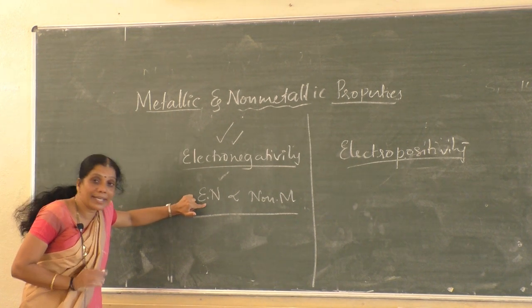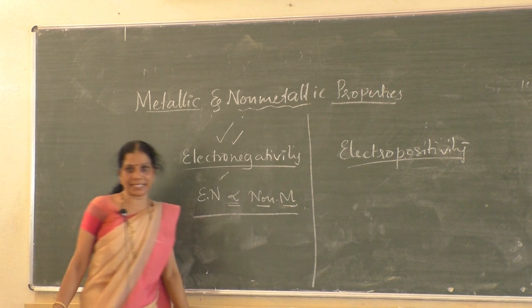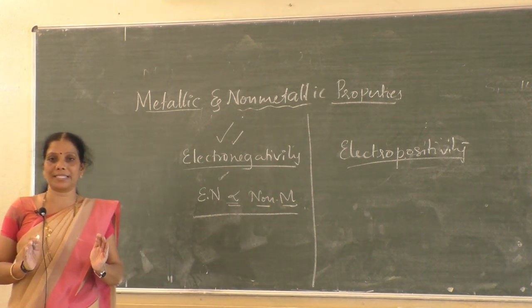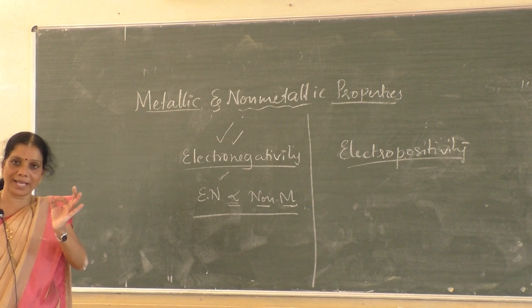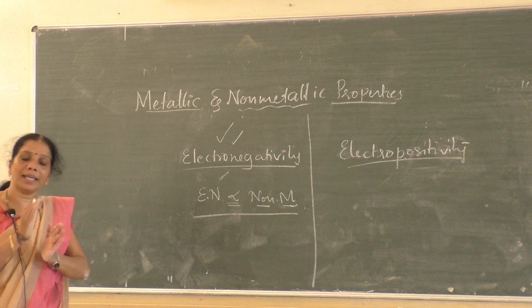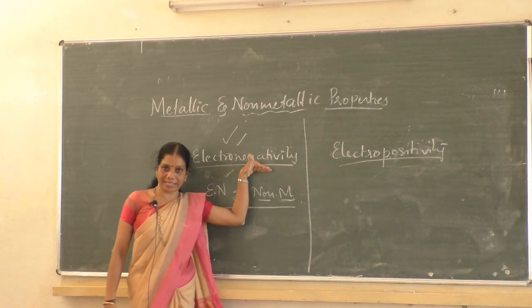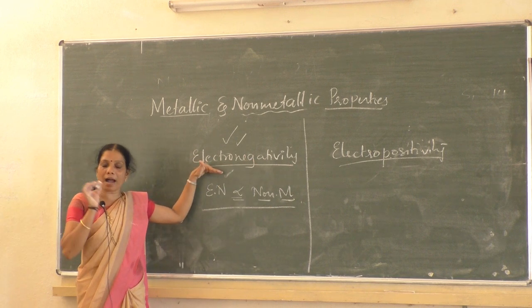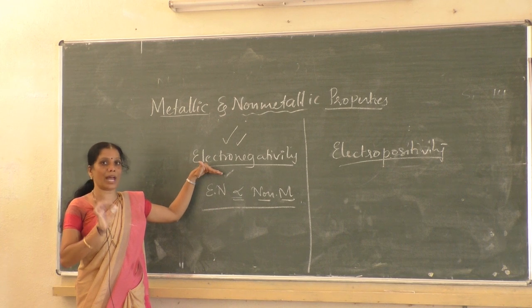This property is always directly related to what? Non-metallic properties. Non-metallic property means if an element is a non-metal, always it has got a high electronegative value. If an element is a non-metal, always the atom of that element has got a highest electronegative value.